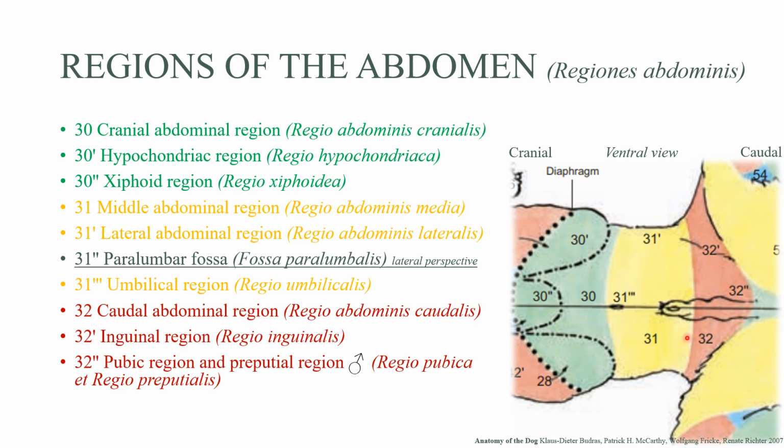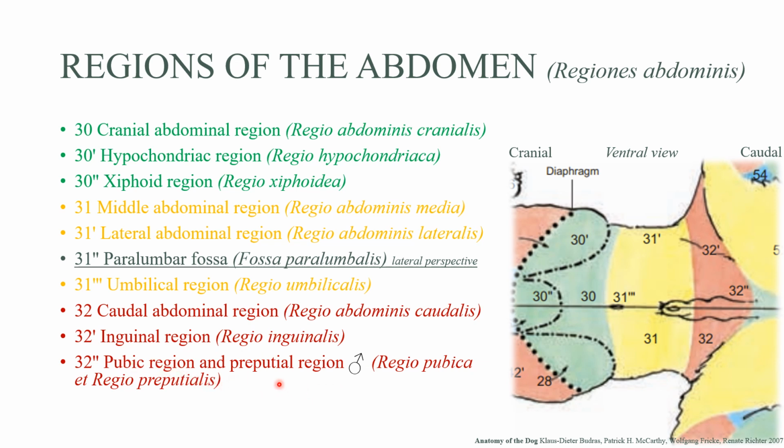In red. Then we have the inguinal region, which is right here. You can think of it as the very sides of the ending or the back portion of the belly. And then we have the pubic and the preputial region.